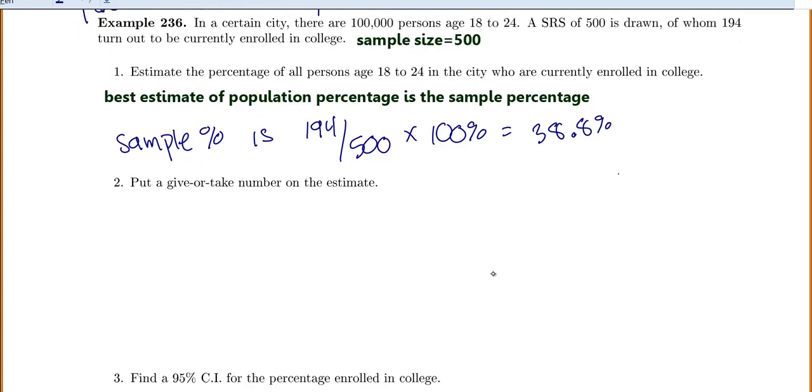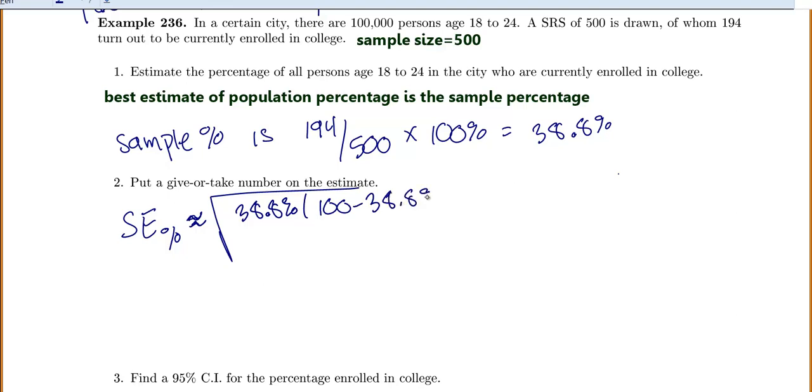In part 2, put a give or take number on your estimate. In other words, find the standard error. So our standard error for our percentage is equal to the square root of the sample percentage, an approximation because I have to estimate my population percentage with my sample percentage. So 38.8% times 100 minus 38.8% divided by my sample size of 500, which is 2.18%.